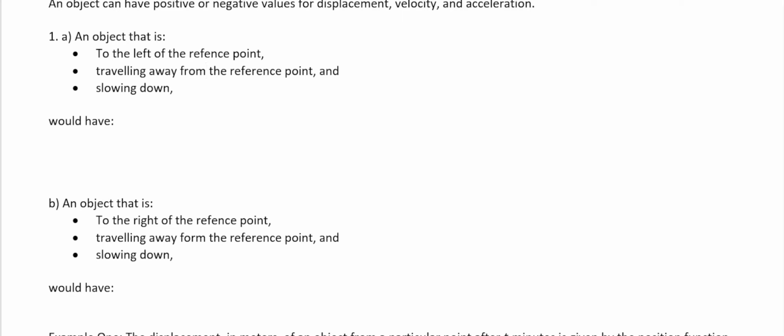So what you should do here is see if you can figure out what would be the values of s at t. Is it going to be positive or negative? What would the value for v at t be? Would it be positive or negative? And what would the value for the acceleration function be? Would that be positive or negative as well? So take a second, pause the video, and see if you can figure those out for yourselves.